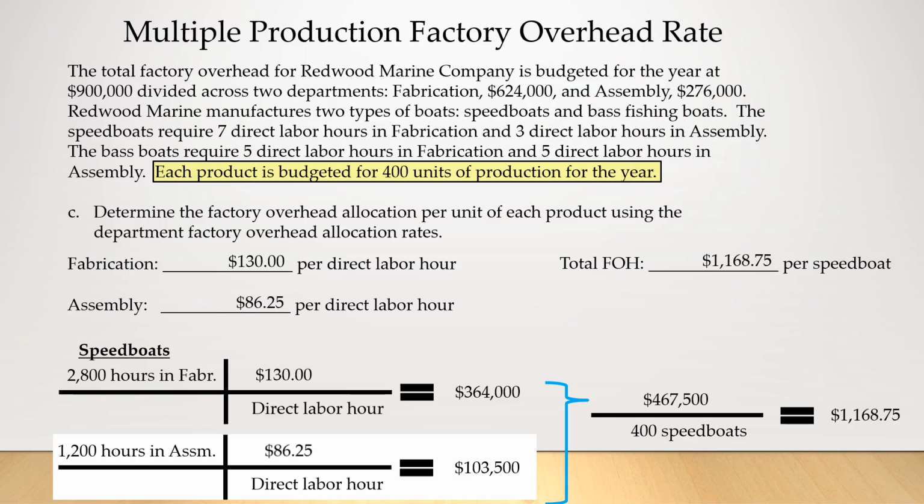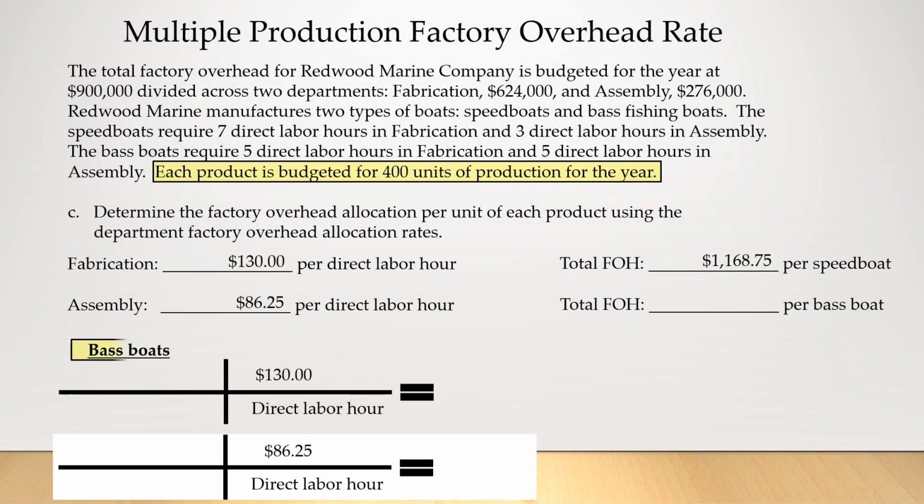Now simply repeat these calculations for bass fishing boats. For bass boats, we repeat the same process of determining total fabrication and assembly overhead allocated to this product line. The allocation rate for fabrication and assembly will both remain unchanged.